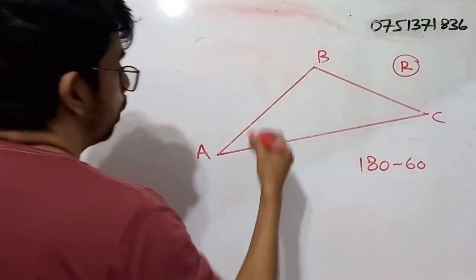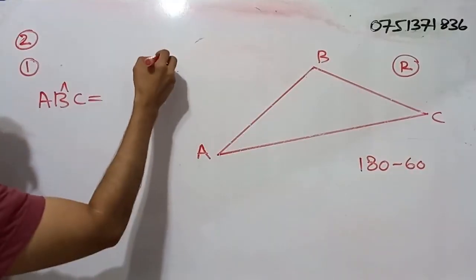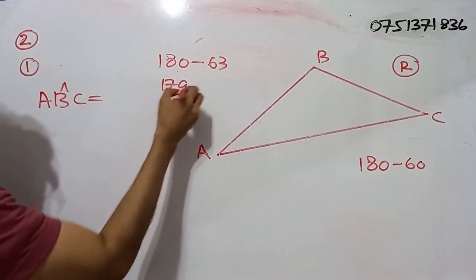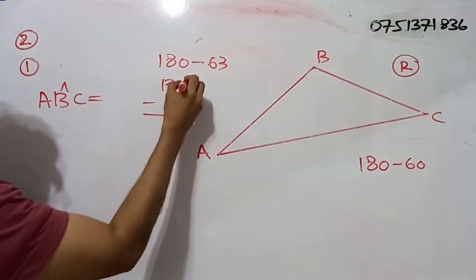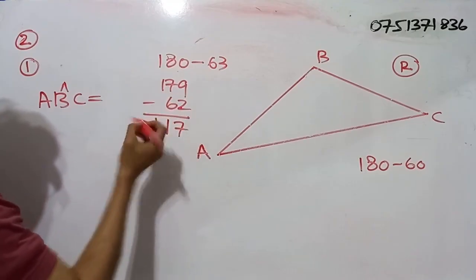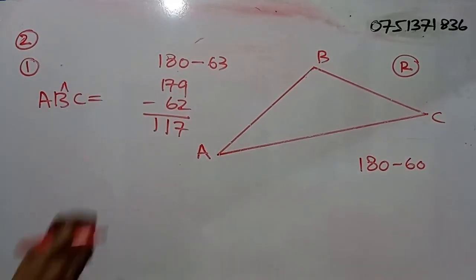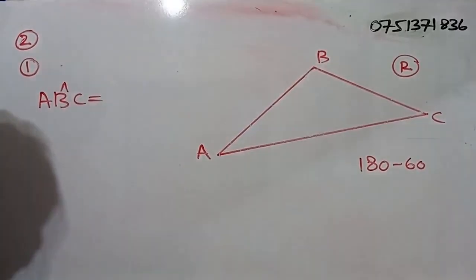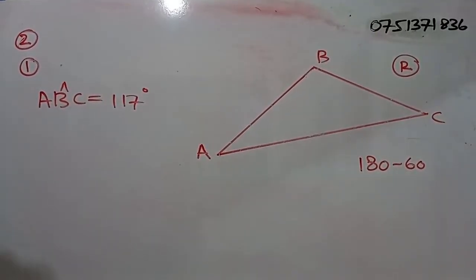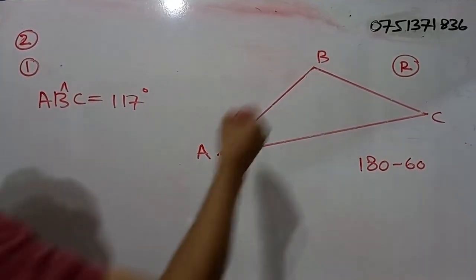That means from this side, 180 minus 63. 179 minus 62. 9 minus 2, that's a 7. 7 minus 6, that's a 1. Again, a 1. So, ABC angle, that is 117 degrees.